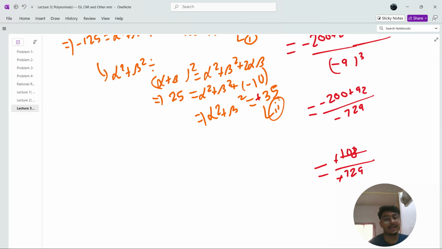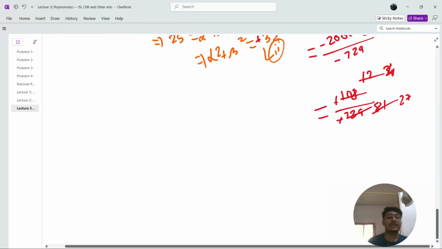This one is also divisible by 9, so 9 ones are 9, 9 twos are 18, 9 twelves are 108, and this was my 81. So this I can divide by 4 and this I can divide by 3 and this I can divide by 3, that gives me 27. So ultimately my answer after a total manipulation is 4 by 27.